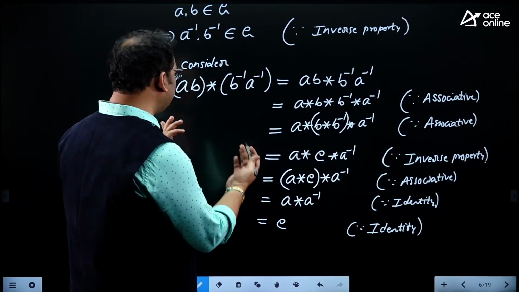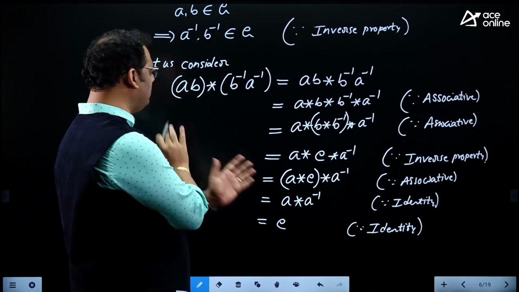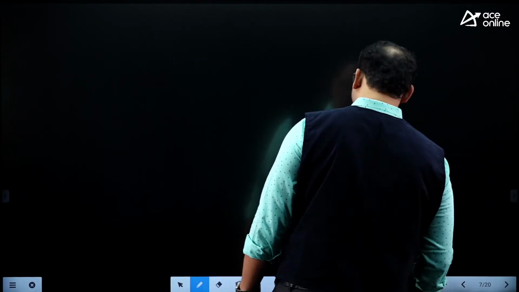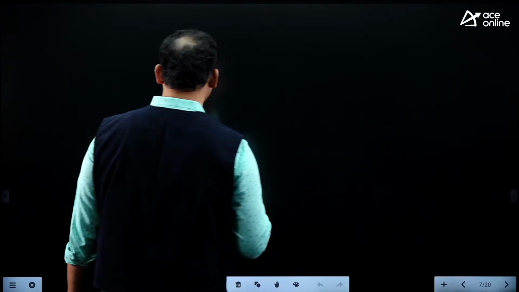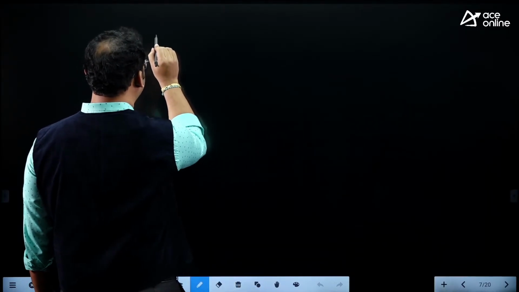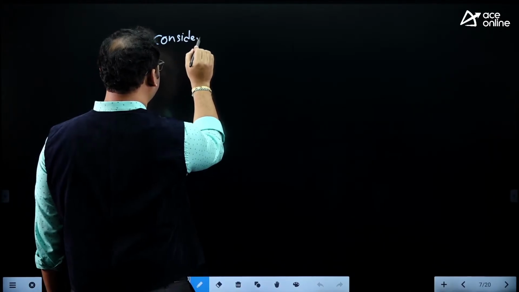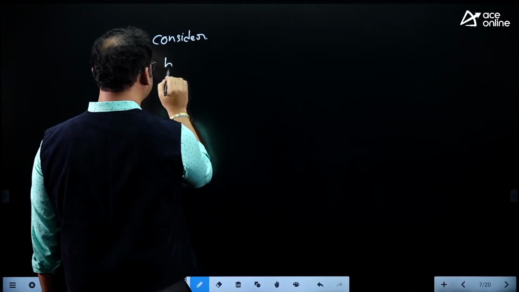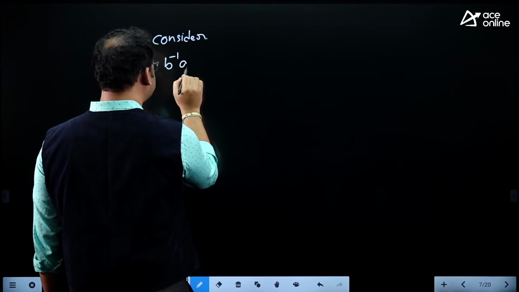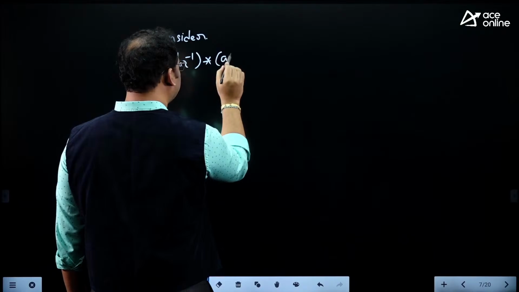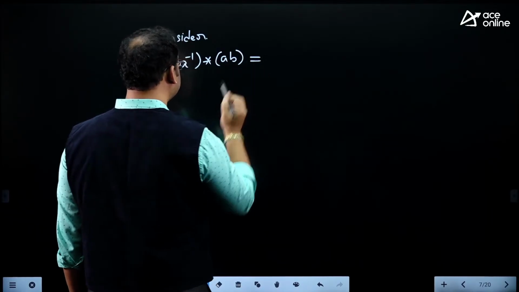In similar fashion, let us apply the commutative form, Y star X. Yes, my dear, I want to consider now Y star X: B inverse, A inverse, star AB.